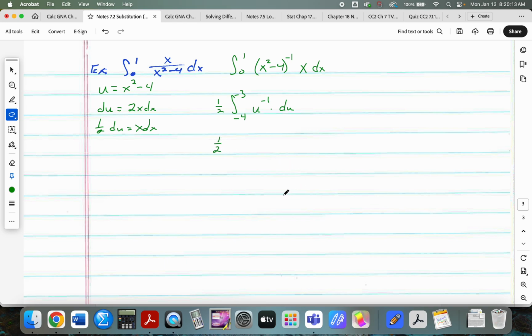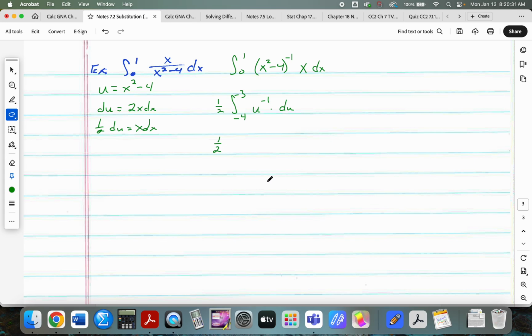So we have 1/2, and notice, although that's u to the negative 1 power, the power rule for antiderivatives doesn't work when that is negative 1. What is the antiderivative with respect to u of u to the negative 1?